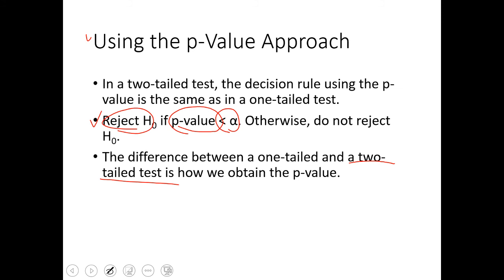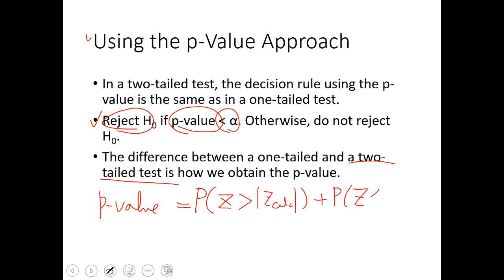For the two-tailed test, precisely, the p-value is the probability that z is greater than the absolute value of z calc plus the probability that z is less than minus the absolute value of z calc.